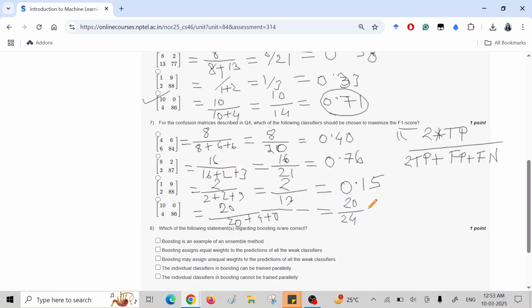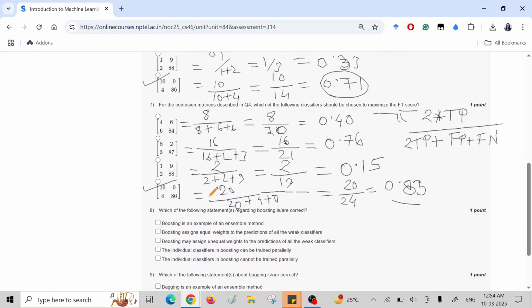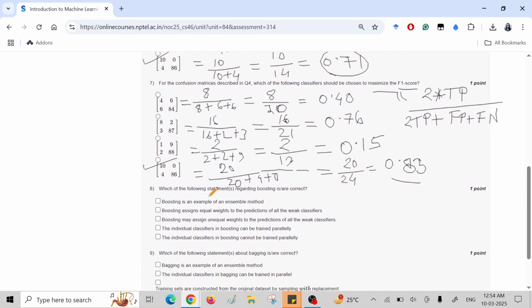I think this is the biggest value, 20 by 24, which is 0.83. As I need to maximize the F1 score, I need to find the largest value. So option D comes as the maximum F1 score. So for question 7, the correct option is D.